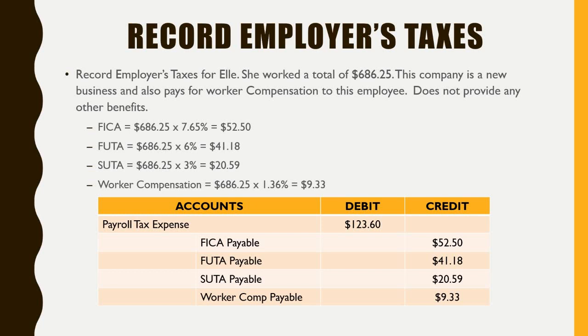Okay. FUTA, the federal unemployment, is going to be 6%. So 6% of $686.25 gave us a grand total of $41.18. SUTA, which is state unemployment, which we already mentioned was 3%.